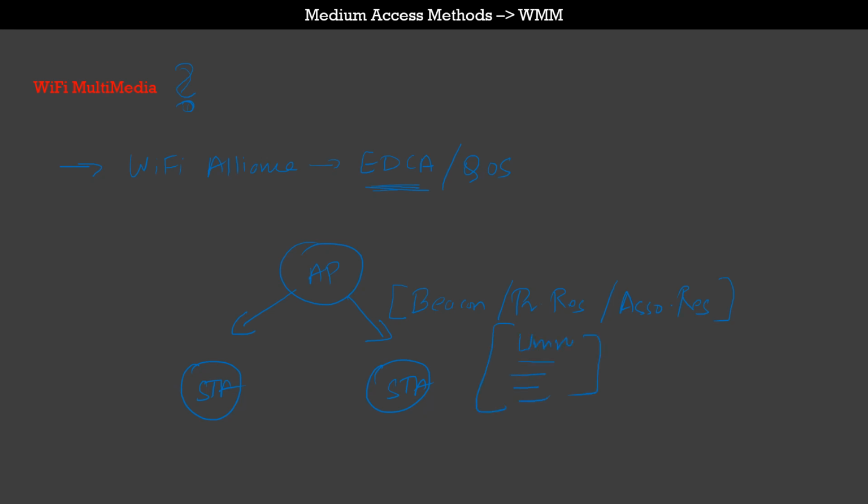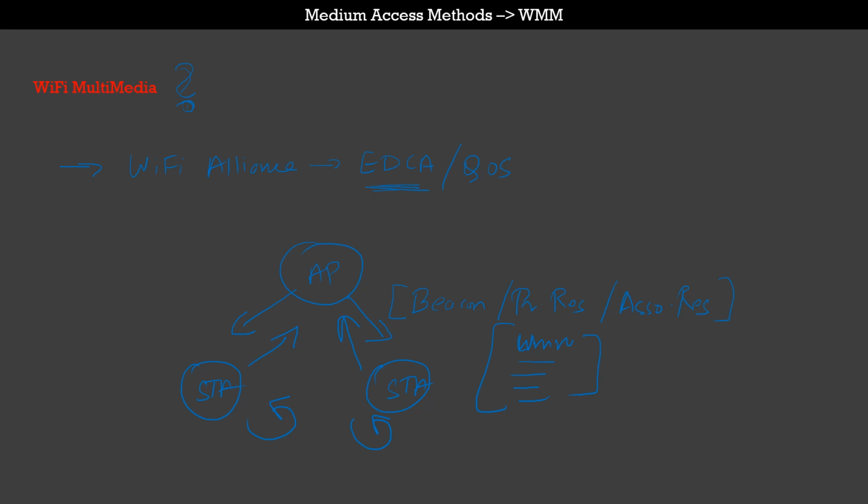The AP will announce in every beacon frame the different WMM parameters that it supports or wants the station to use. The station, on hearing this in the beacon frames, has to update its own WMM parameters to match those of the BSS. This in turn results in shared parameters throughout the BSS between the AP and its stations.